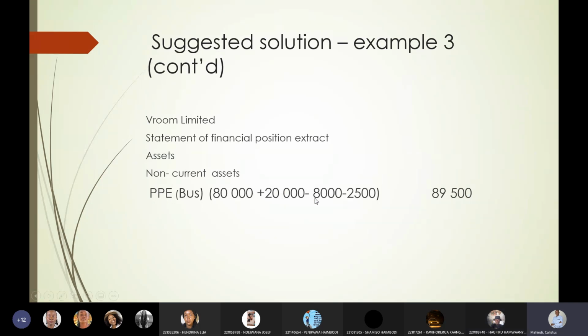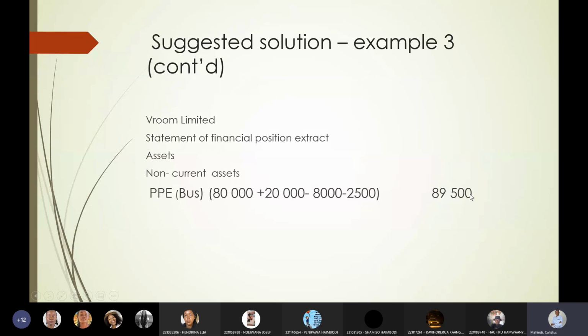Then you subtract the accumulated depreciation. Here we have the depreciation for the year on the bus was 8,000 and the portion of the inspection was 2,500. So property, plant, and equipment will be shown at an amount of 89,500.